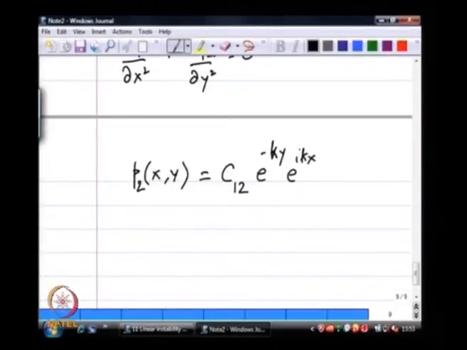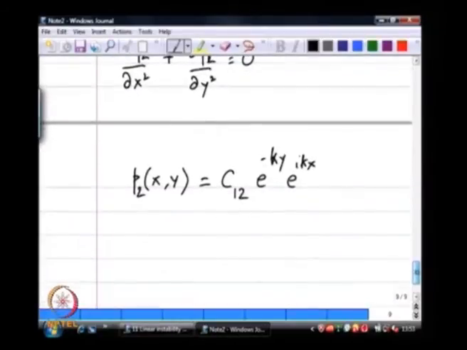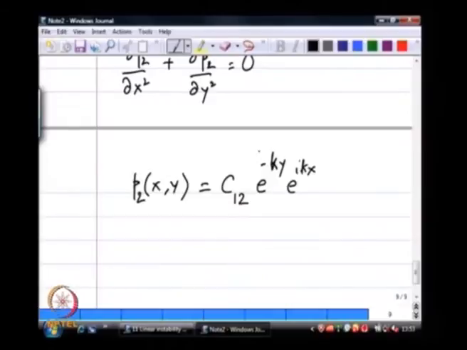This is the solution to the pressure field in 2, times, of course, e power omega t, where C 1 2 is a constant.